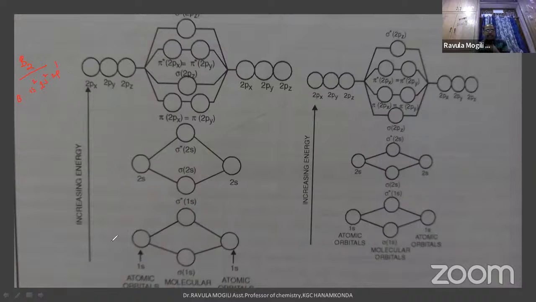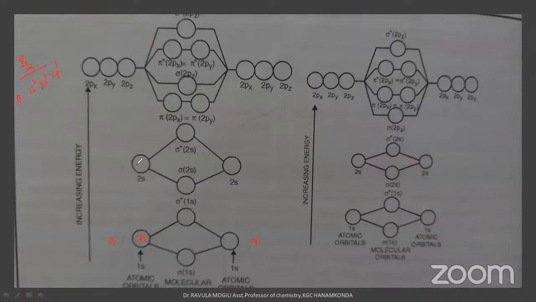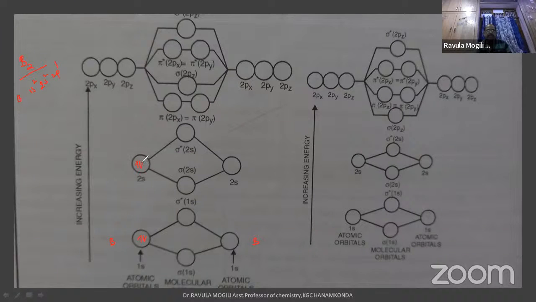Here this is a boron atom, here also a boron atom. The 1s orbital has 2 electrons, the 2s orbital also has 2 electrons, and 1 electron is present in the p orbital. Same like this.